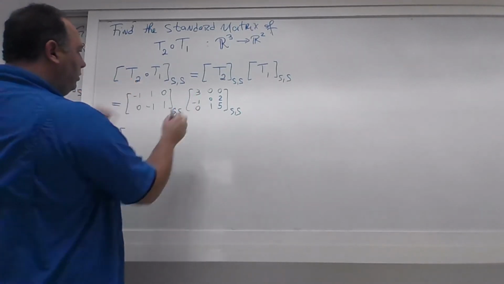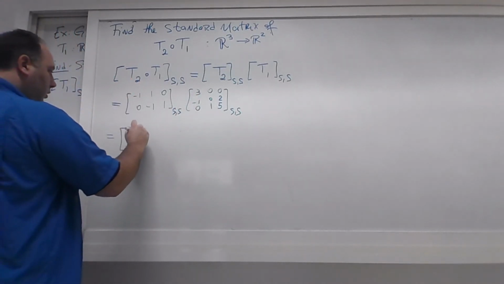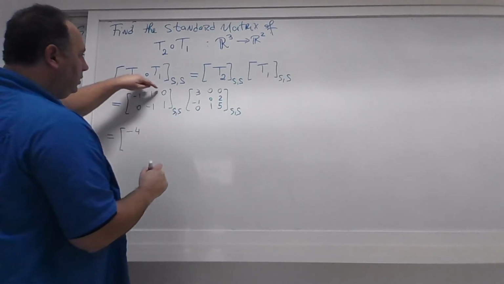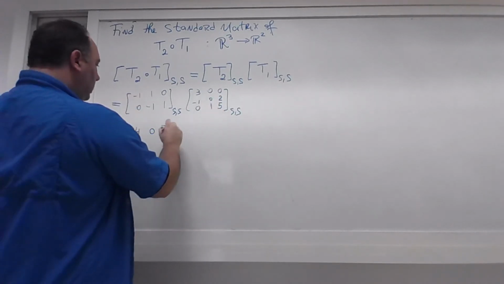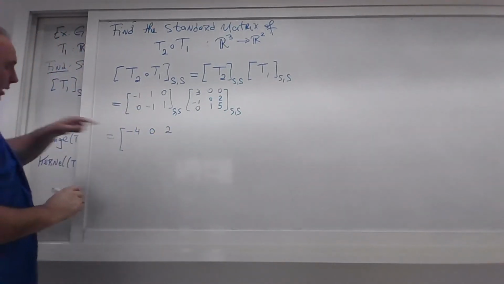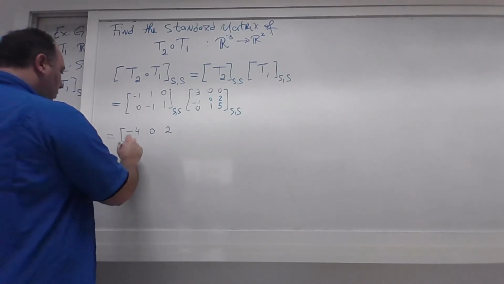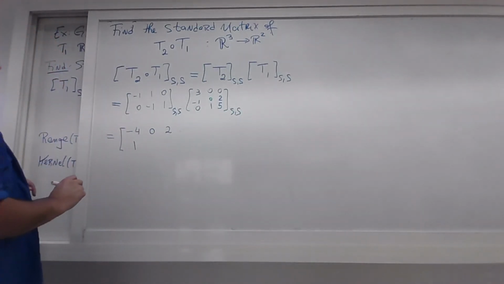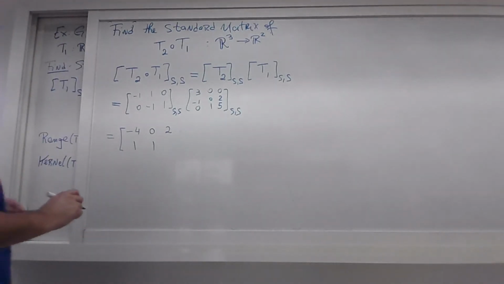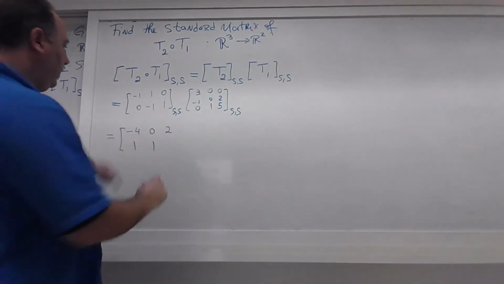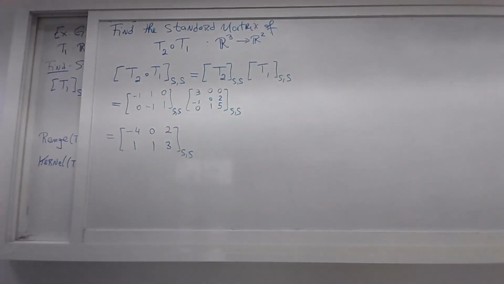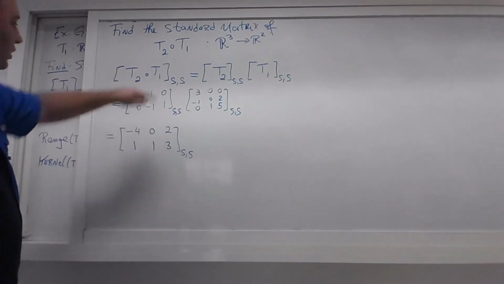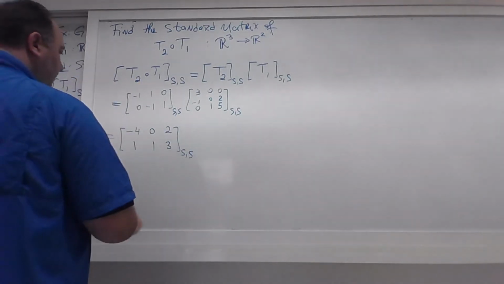So -3, -4, and 0, 0, 0, then 0, 2, 0, okay, then 0, 1, 0, 0, 0, 1, and then 0, -2, and 5, that's 3. So this is the standard matrix associated to the composed transformation. Okay.